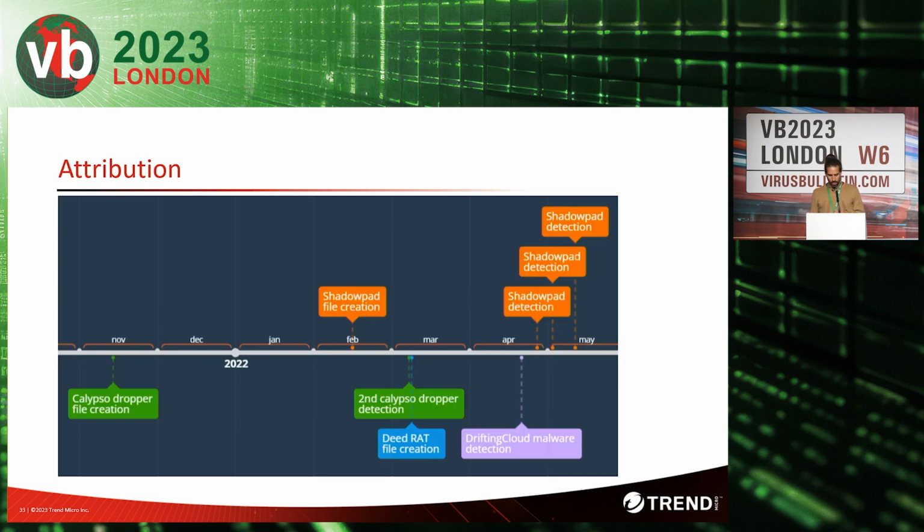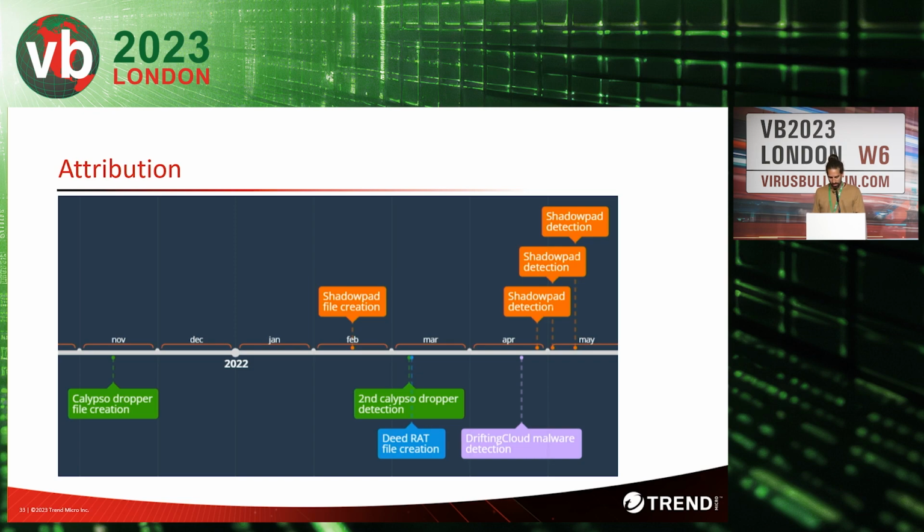So what we tried to do is make a timeline of the events to see some connections between those malwares. We can see in this graph that the first malware appearing was the Calypso dropper in November 2021. About 4 months later was the first relevant file for our investigation, the Shadowpad file creation. 1 month later, there was the second Calypso dropper.